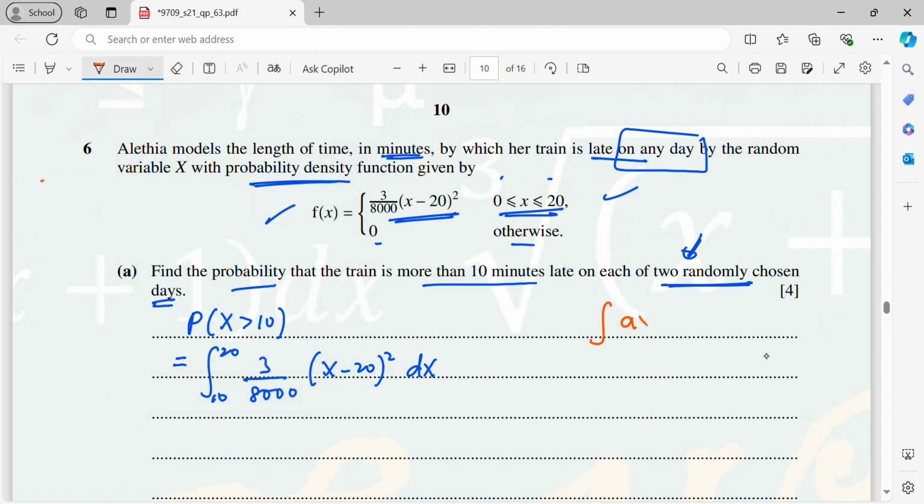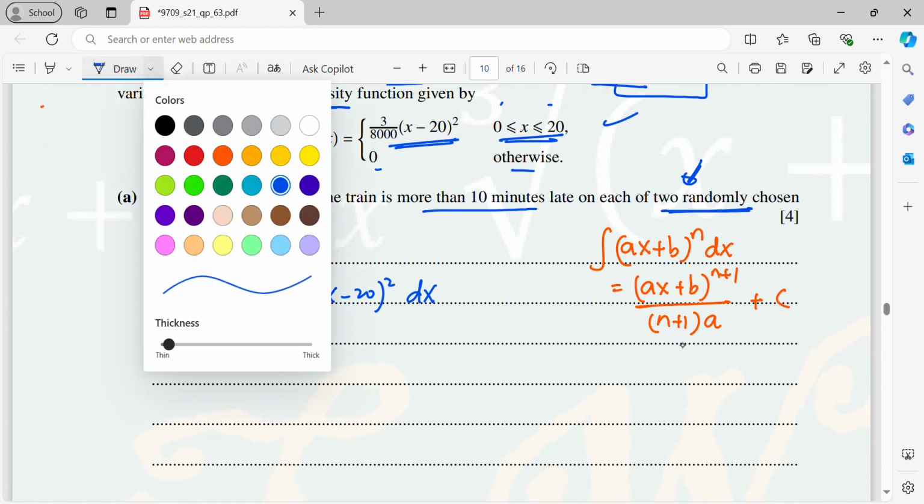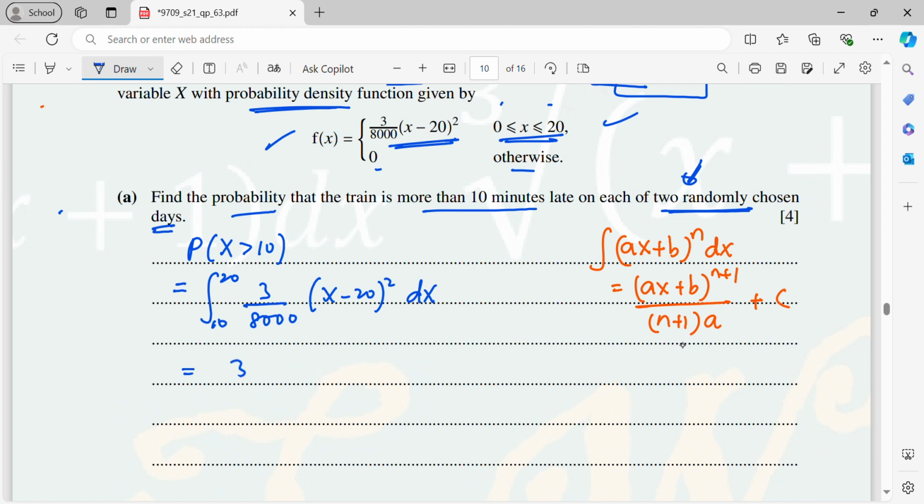Now we have a formula for integration. You can use this: integrate (ax plus b) to the power n dx. This is going to be (ax plus b) to the power of n plus 1 over n plus 1, then you differentiate ax plus b, that is a. If with limits, then you add on limits, right? If without, then you just plus c. Here, I will factorize 3 over 8,000 first.